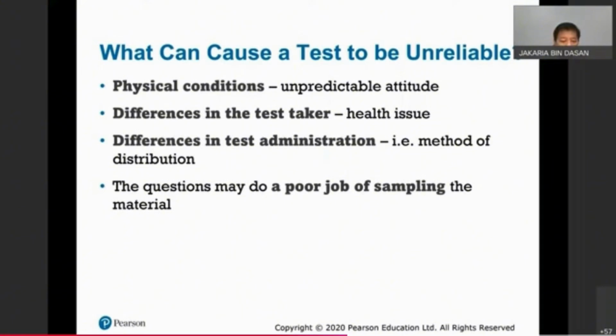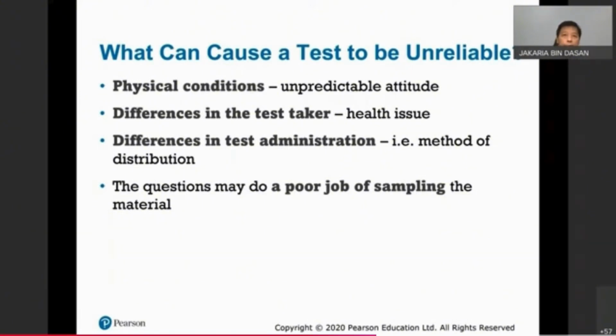Maybe if he or she took the test at other times, he could answer it correctly, but because of the physical condition it's not right for him or her to take the test, then we could misuse the result.